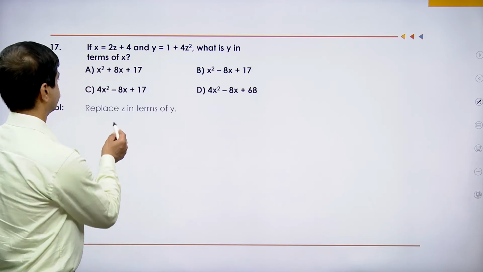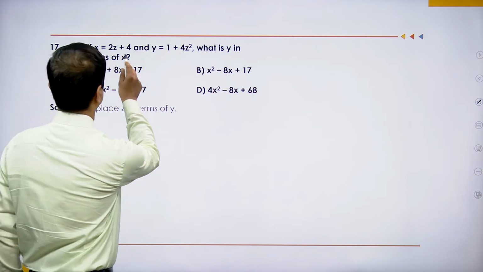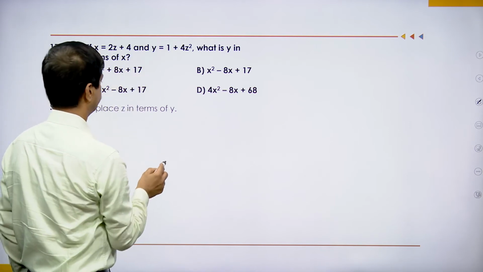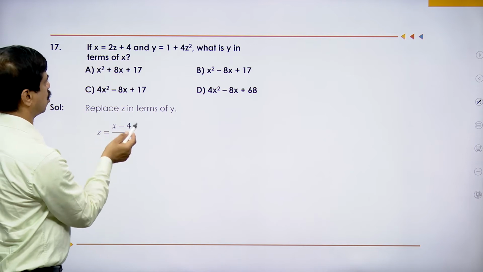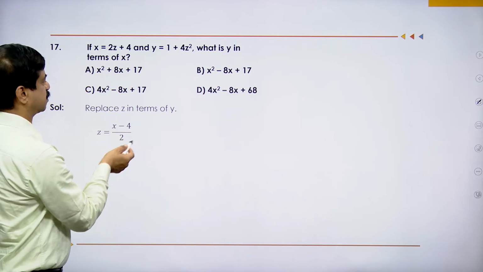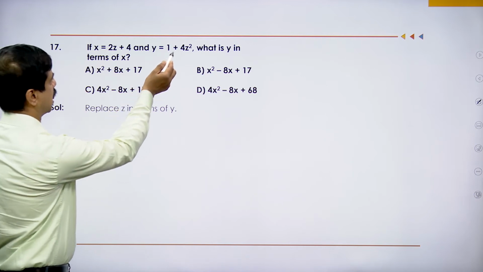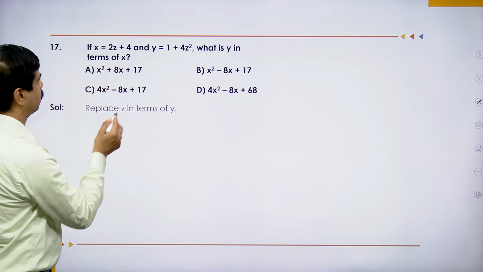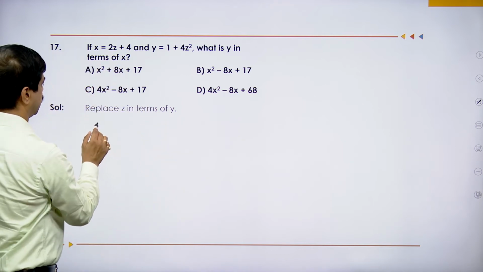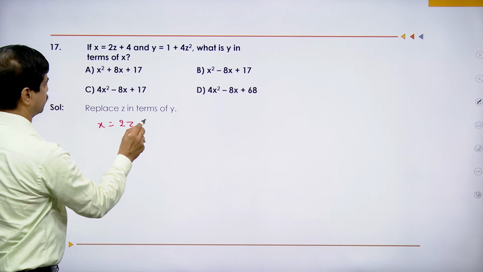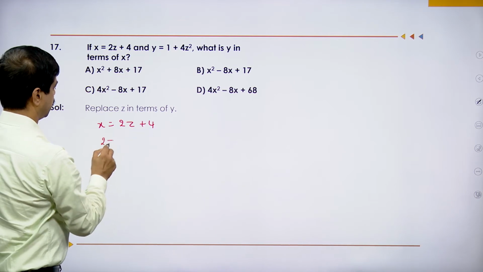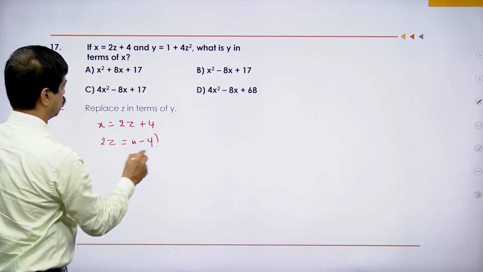So look at this. 2z is x minus 4, or otherwise z is x minus 4 by 2. So I'll do one thing. I'll solve the same in a different way. From here, x equals 2z plus 4, so 2z equals x minus 4. This is over.